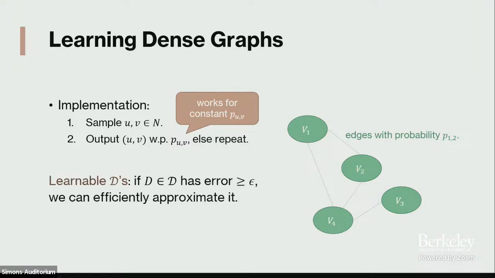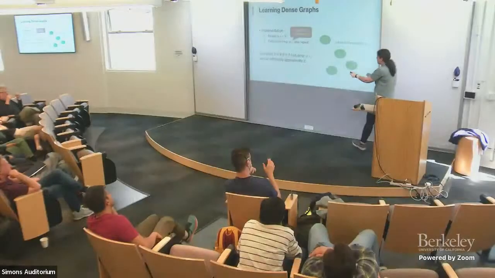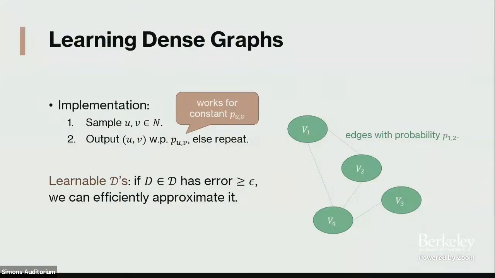Are you trying to answer queries? You're trying to generate samples from a graph that looks like this G-star. And PUV is the fraction of edges in the graph that are between U and V? Sorry, PUV is just the probability, like P12 if U is in V1 and V is in V2.